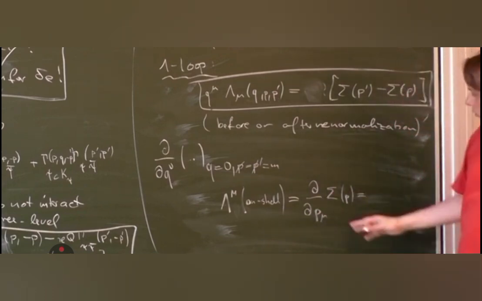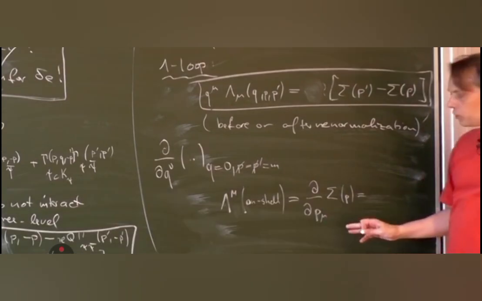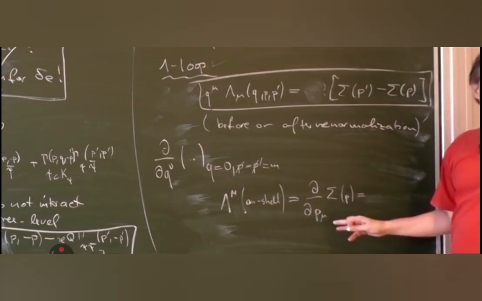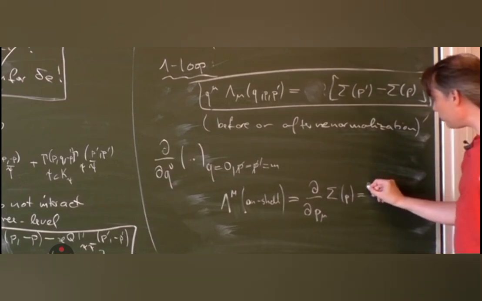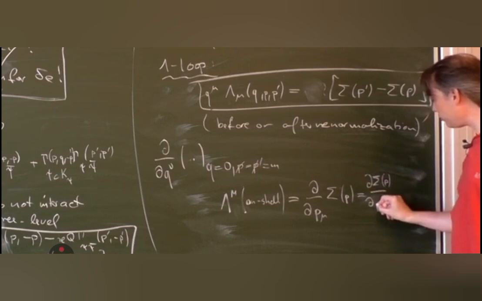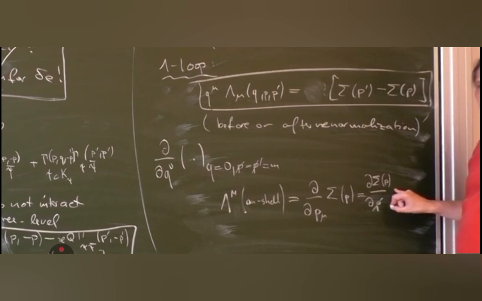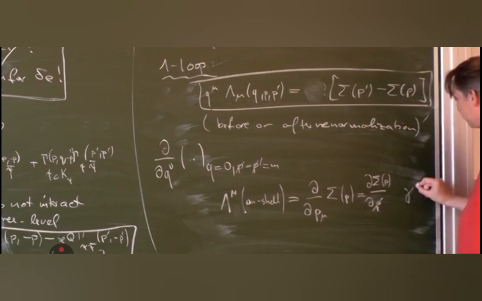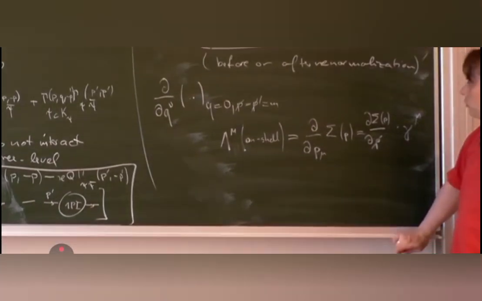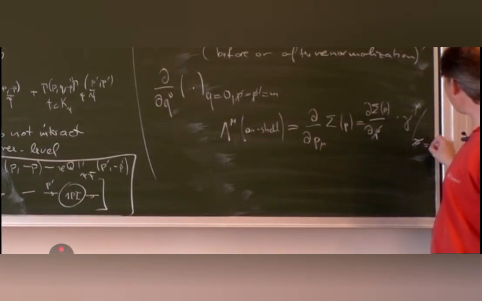So now we really have a derivative with respect to p_mu, but previously we always had derivatives with respect to p slash. So let's bring that into the picture. The sigma derivative with respect to p slash, and then the inner derivative, p slash derivative with respect to p_mu, gives gamma_mu. And that is also at p slash equal m.